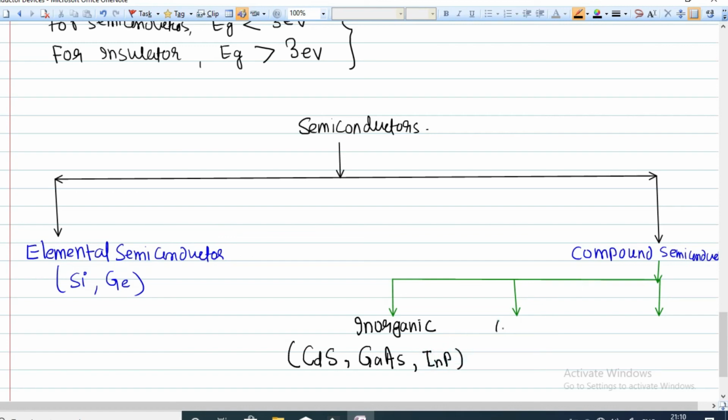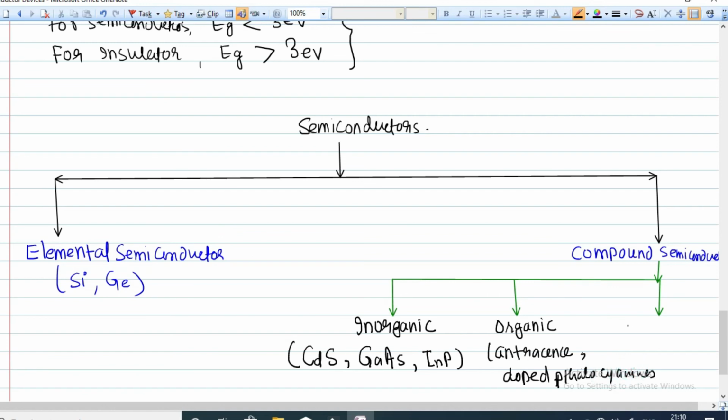Next is the organic semiconductors. These are the examples: anthracene, doped phthalocyanines, and doped cyanines.